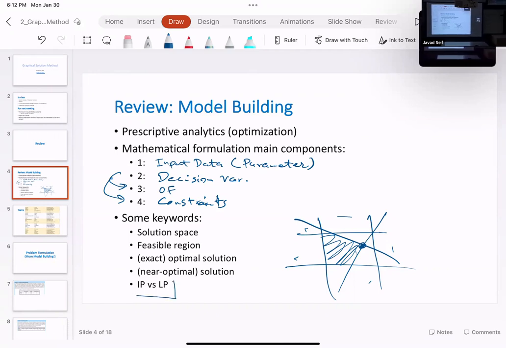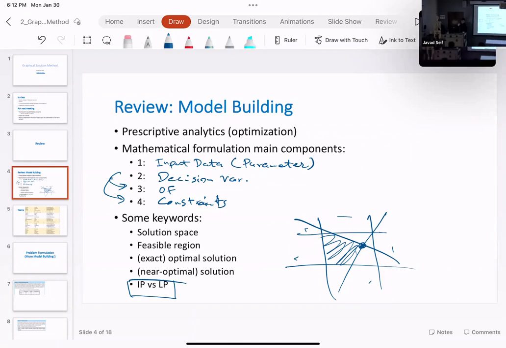And we just mentioned in one sentence that we call the models that we saw a linear program, but if the decision variables only take integer values, such as when we want to optimize the number of products we produce, we cannot produce, for example, half a car. They have to be integers, 1, 2, 3, 4,000, whatever.